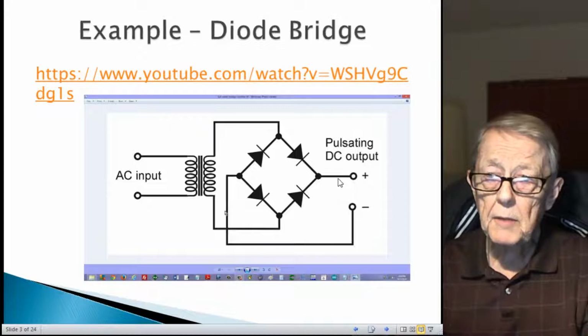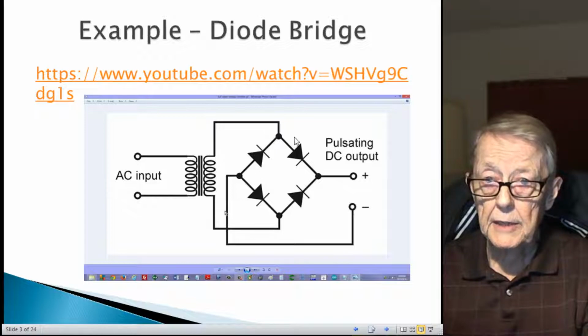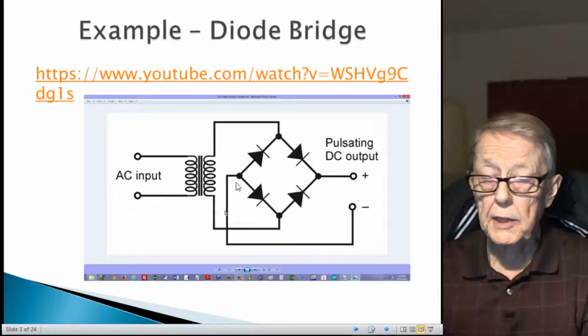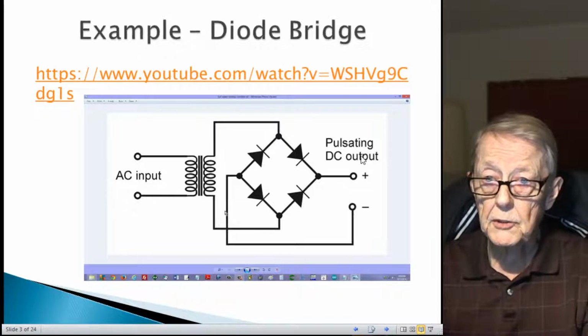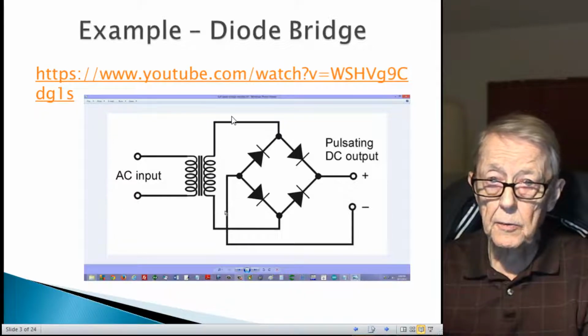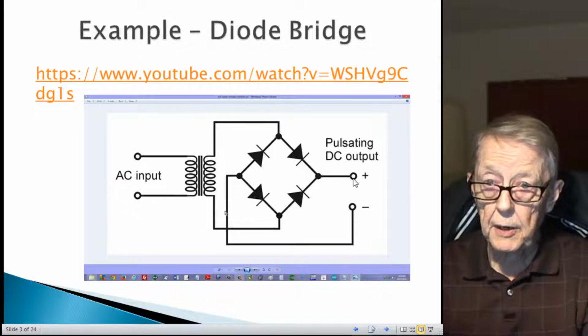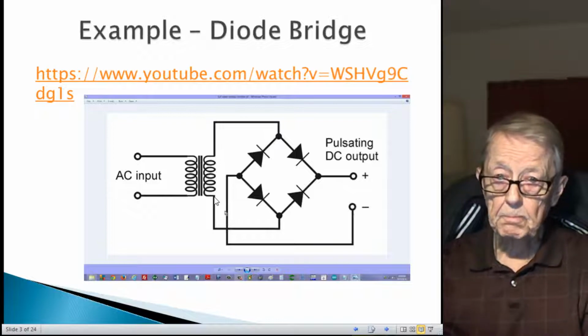An example of a diode being used in a circuit is in a power supply, and it has a diode bridge, a very interesting circuit that takes AC and converts it to pulsating DC. In the positive half of the cycle the current would flow this way. It conducts this way through the load, back through, conducts this way, back to the negative side.